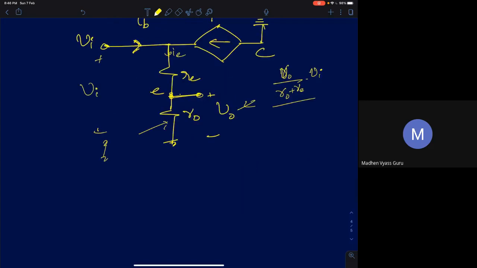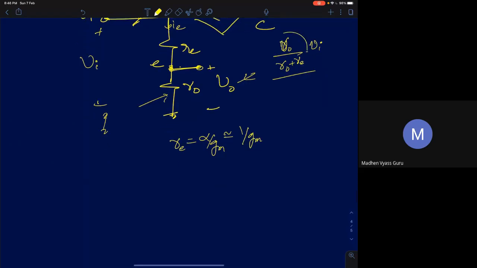So the intrinsic gain is R0 by R0 plus Re. Now the value of Re is alpha by Gm, and I'll approximate it to 1 by Gm. In that case, R0 by R0 plus 1 by Gm will reduce to Gm R0 by 1 plus Gm R0.